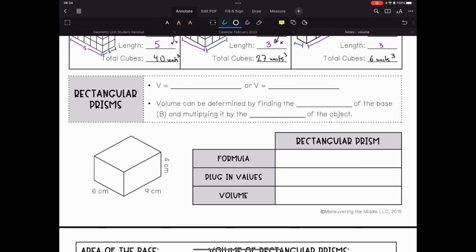All right, so what is the formula that we were using? Basically, we're saying the volume is the length times the width times the height.